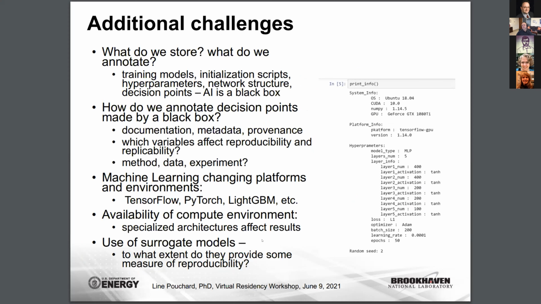So what are the implications for reproducing your results, and therefore for research data management? And finally, with the use of surrogate models, to what extent do they provide some measure of reproducibility?